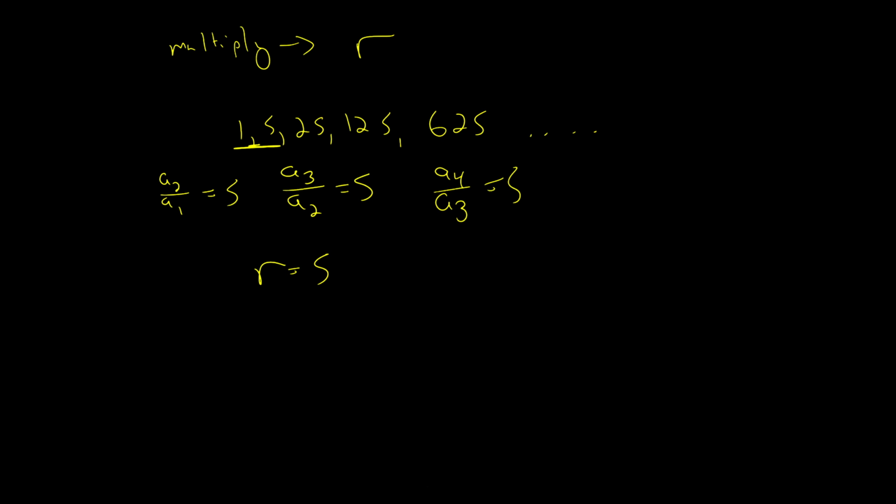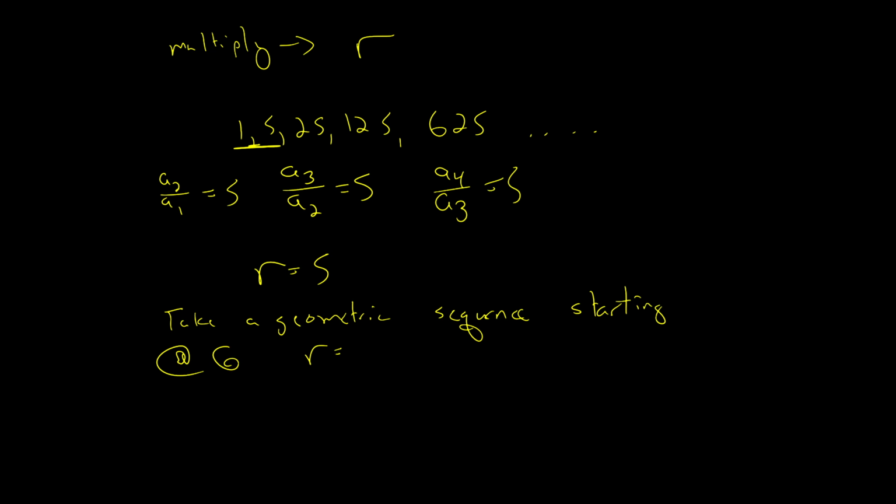And so geometric sequences use multiplication. And so we can write a geometric sequence. Let's take a geometric sequence starting at 6. So we'll start at 6 and we'll have a ratio of 1/3.